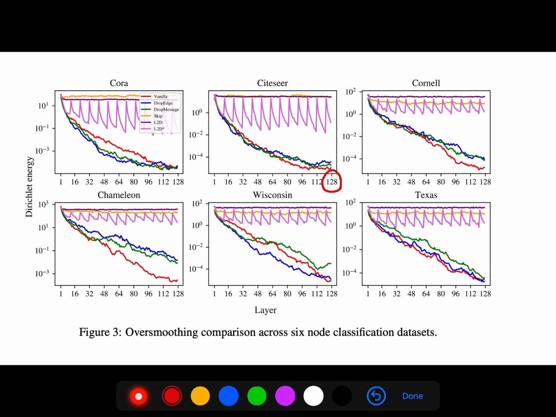The Dirichlet energy is reduced. So we can compare oversmoothing across six node classification datasets. All of these, Cornell, CiteSeer, they are node classification. For Cora, for each of the nodes of the graph, we want to know what is the label of that.